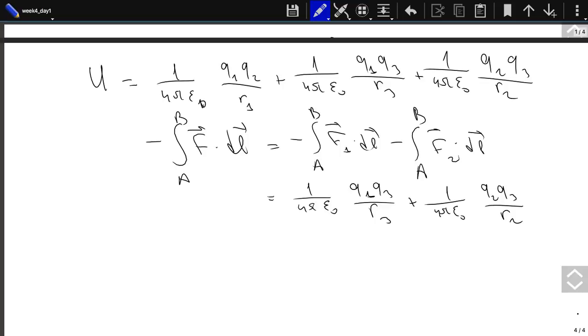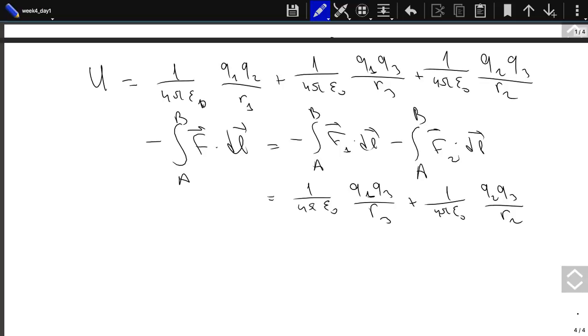Now let's look at one more thing. The force acting on charge Q3 is proportional to the charge of Q3. In fact, that is how we had defined the electric field. We know that the force is proportional to the charge, so we just factored out that proportionality constant, and what remained was the electric field. If you look at the potential energy, we have the same thing. We have the charge Q3.